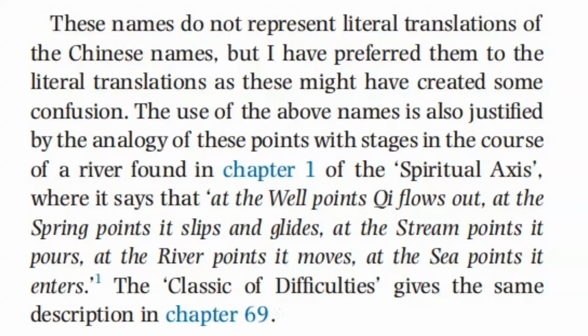These names do not represent a literal translation of the Chinese names, but I have preferred them to the literal translation, as this might have created some confusion. The use of the above names is also justified by the analogy of these points with stages in the course of a river found in chapter 1 of the Spiritual Axis, where it says that at the well points, Qi flows out, at the spring points, it slips and glides, at the stream points, it pours, at the river points, it moves, at the sea points, it enters.